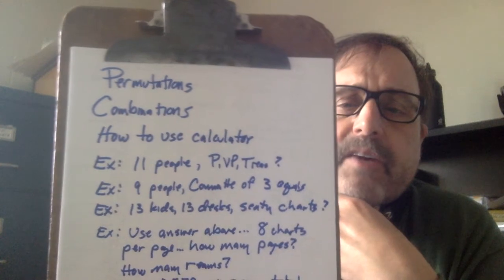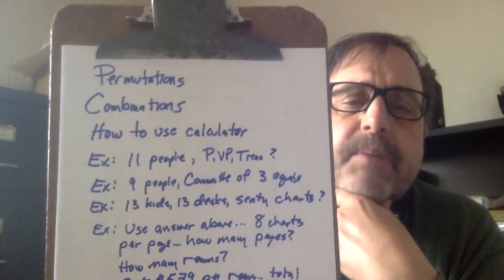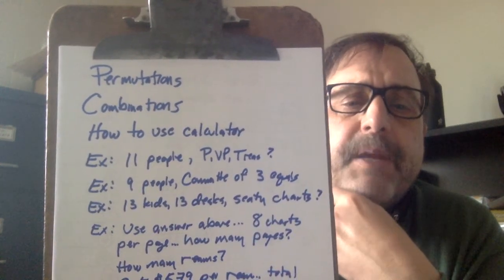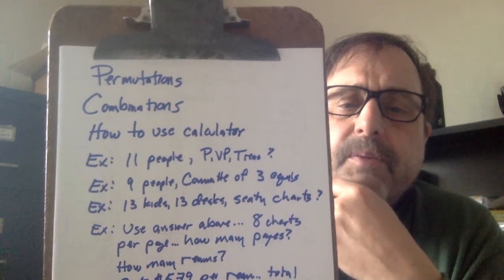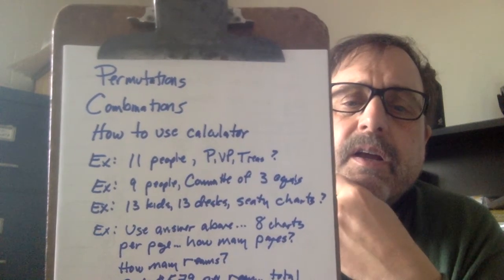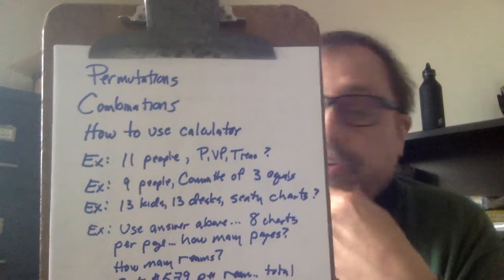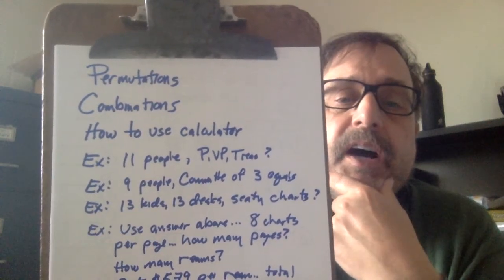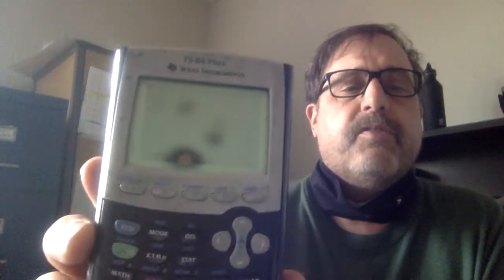How to use the calculator. We had another video on this, so let's do a couple examples. 11 people want to be chosen vice president, president, and treasurer. How many ways could that happen? Order is important. So as I showed you on that last video, we have 11 people.